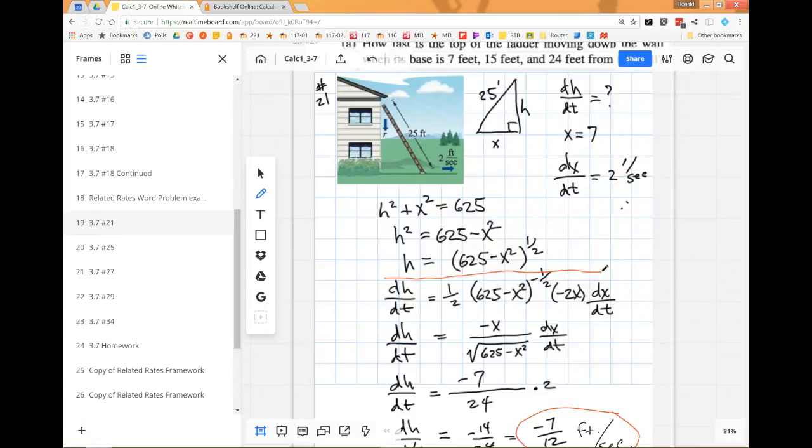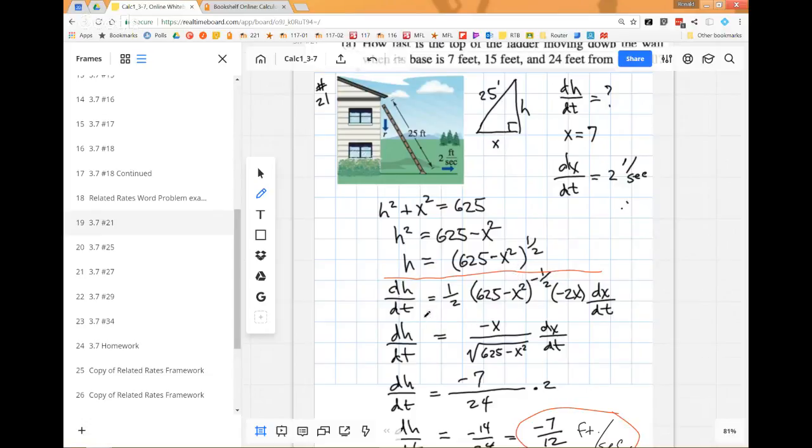All I did was get h by itself. Why? Because we were trying to find dh/dt. It makes it a little easier. Then when you take your implicit differentiation, dh/dt is right by itself, which means we will be able to get to our result. So I wrote the square root as a 1/2 power.